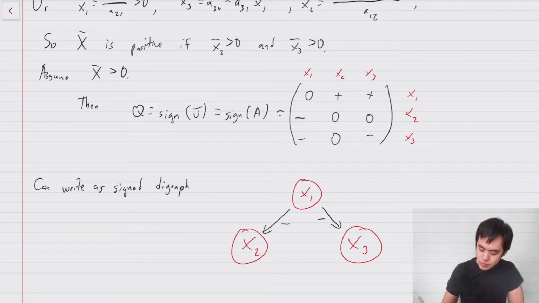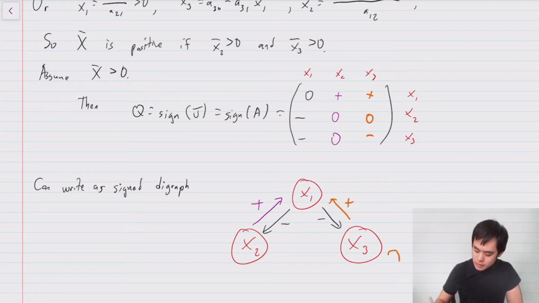And let me actually put this in a different color just so that it's a little bit more obvious. Let's make those purple. And x2 is going to have a positive to x1, so positive. And that's it. And let's make these orange. So there's going to be a positive to x1, and I have a negative self-loop.